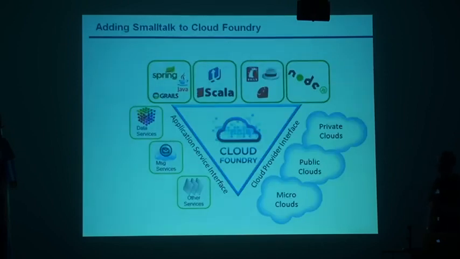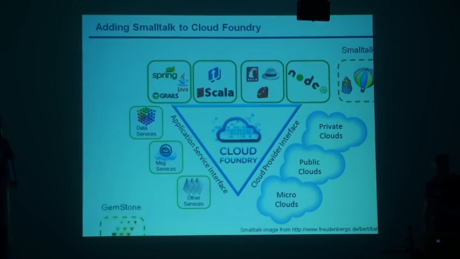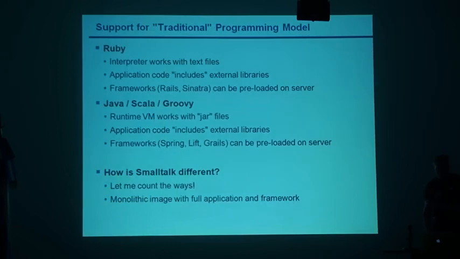Now, we'd like, of course, to add Smalltalk to this. Ruby is nice as far as it goes, but what if we could bring Smalltalk into this environment, and maybe even Gemstone? So, how would that work? Well, the traditional environment has Ruby with an interpreter that works with text files. Application code includes other things, which loads other things.